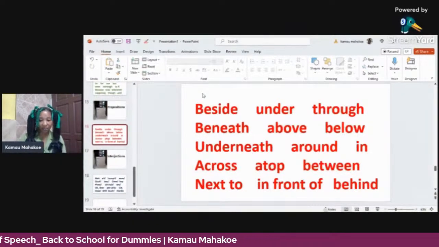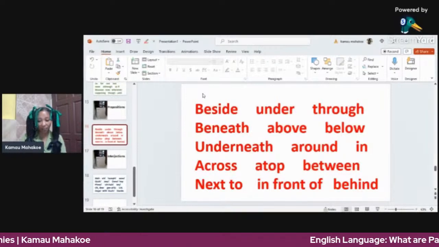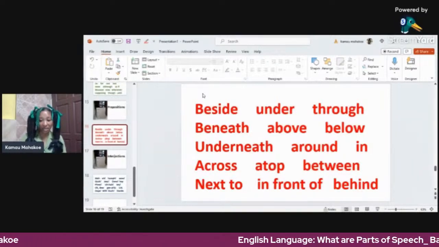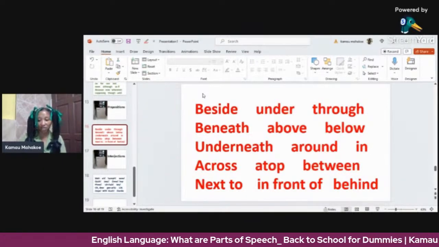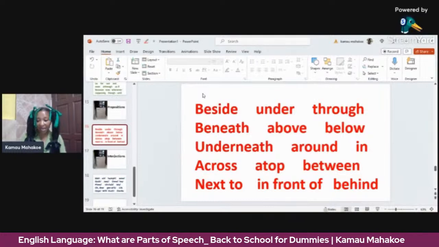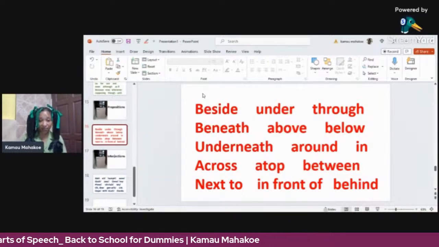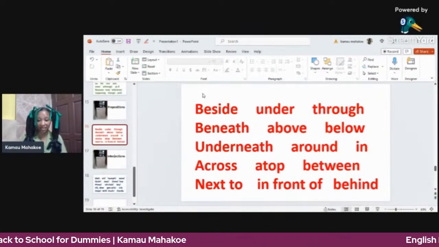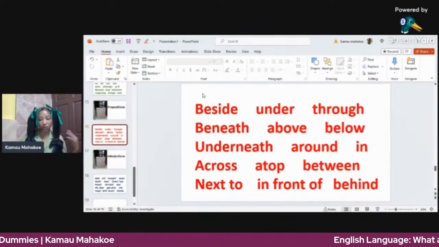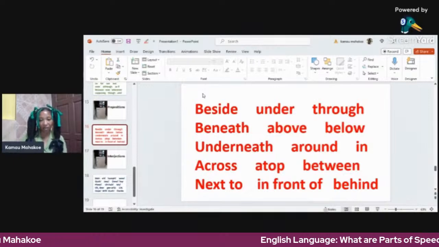Across? Or across from? Atop? Between? Next to? In front of? Behind? So all of these show the relationship between things, right? Where is this thing in relation to this other thing? Those are prepositions.